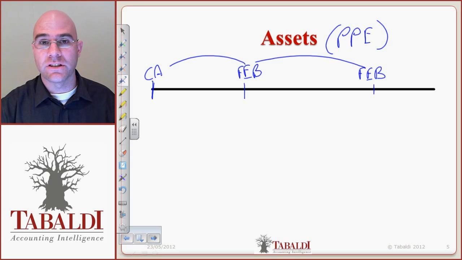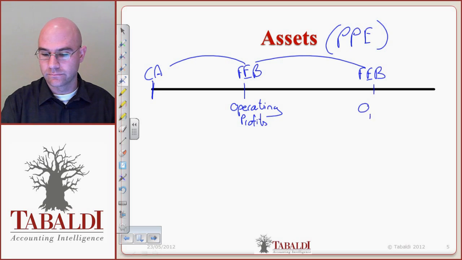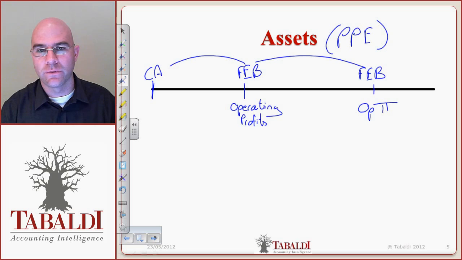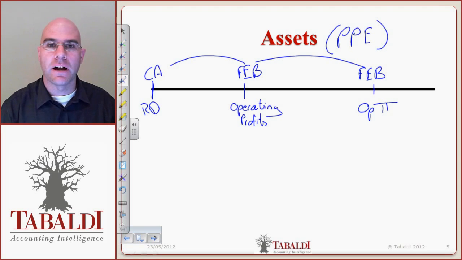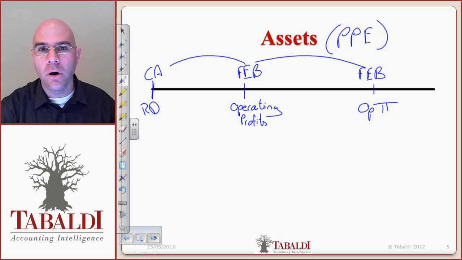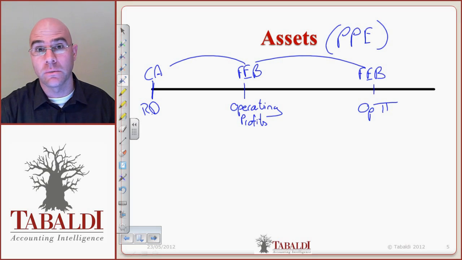Now, for an item such as property, plant and equipment, those future economic benefits probably are operating profits. I'm going to use the abbreviation for profits there, pi. So on reporting date, that carrying amount of the asset is no longer thought of as a snapshot of the past and the cost thereof, but it is thought of as the crystal ball to try and view and estimate what those future economic benefits are.